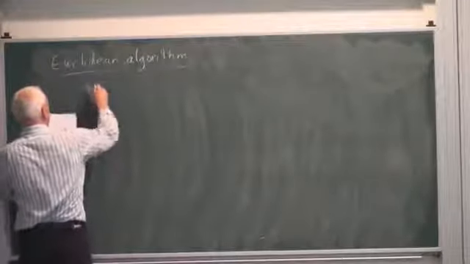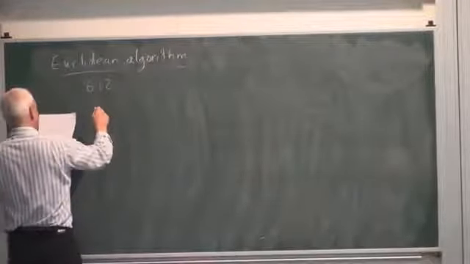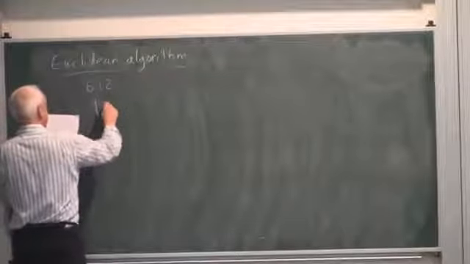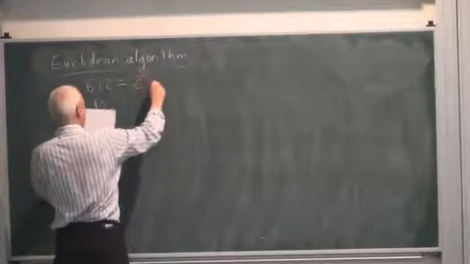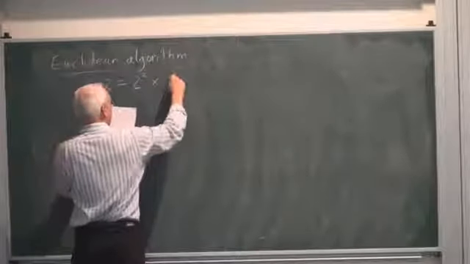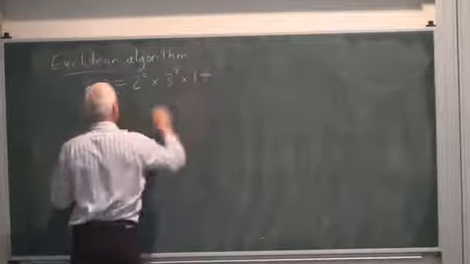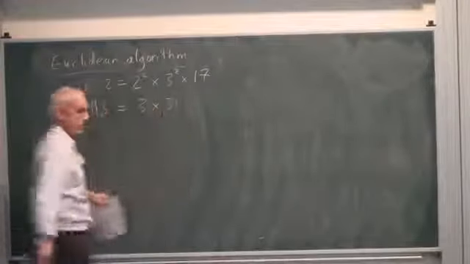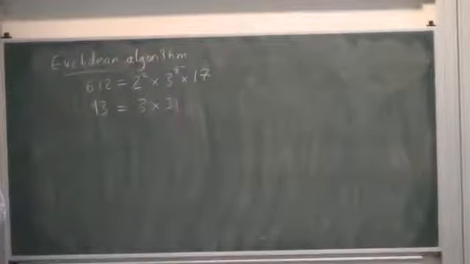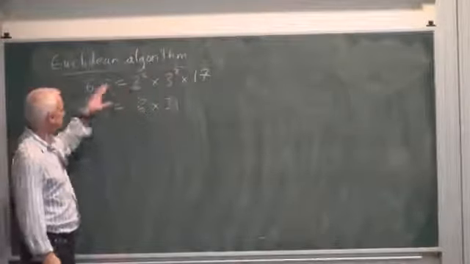Suppose I have the numbers 612 and 93. I've already told you that 612 is 2 times 2 times 3 times 3 times 17. And we could factor this one. This is 3 times 31. So, two somewhat random numbers. And here are the prime decompositions of these numbers.